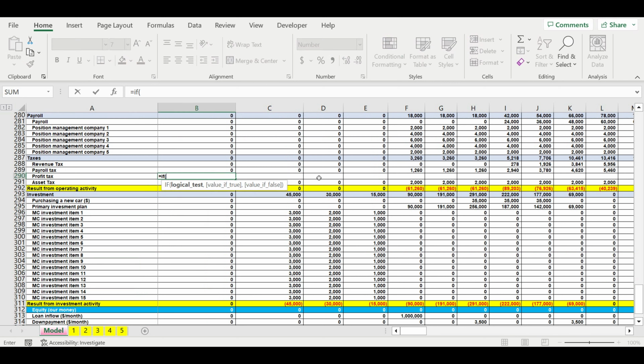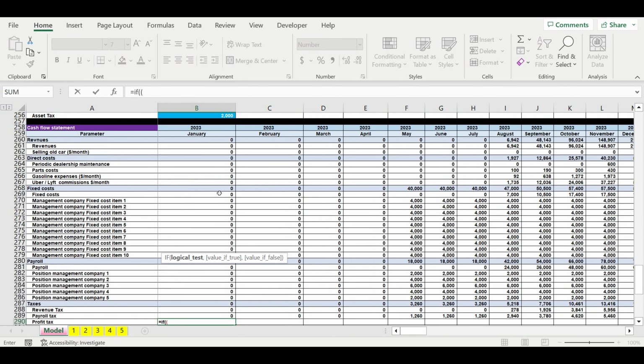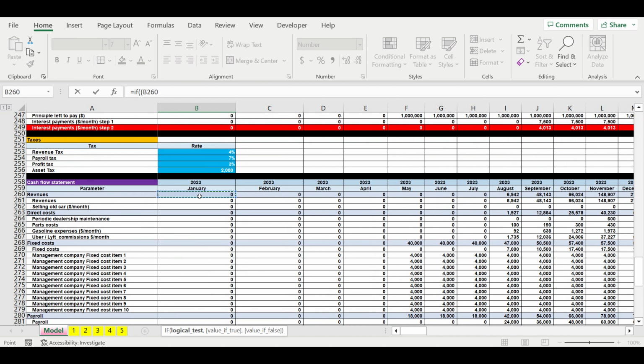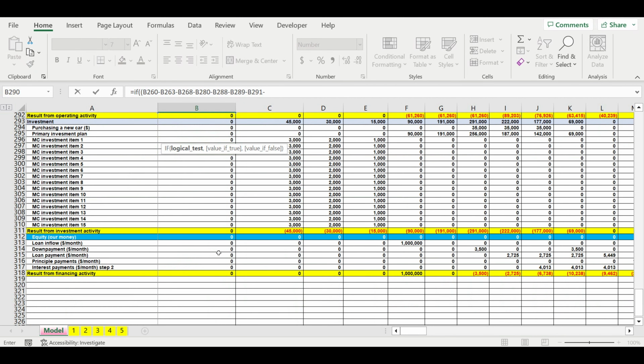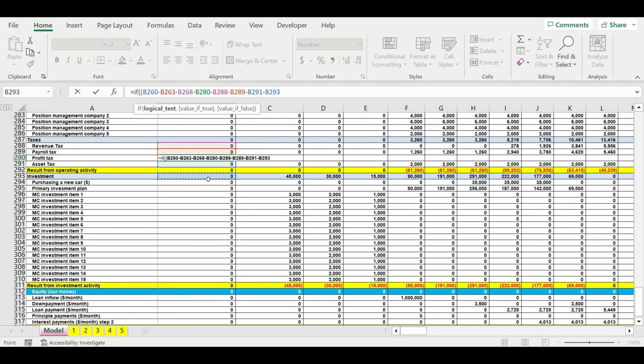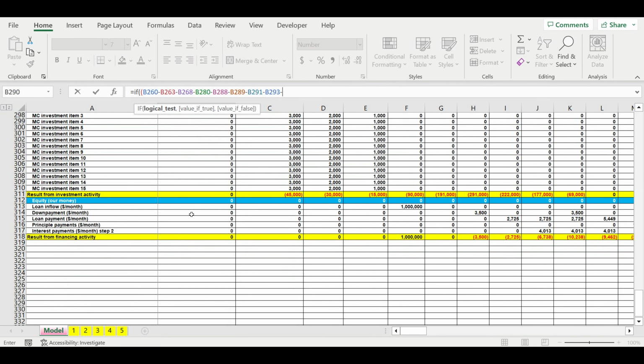So if revenues minus direct costs minus fixed costs minus payroll minus revenue tax minus asset tax minus this minus this minus down payment minus this minus principal payment minus interest payment.